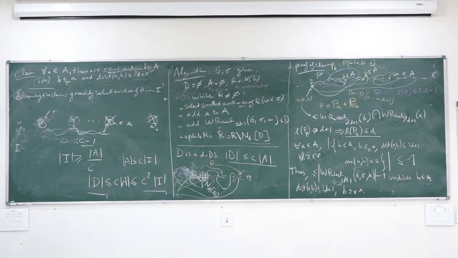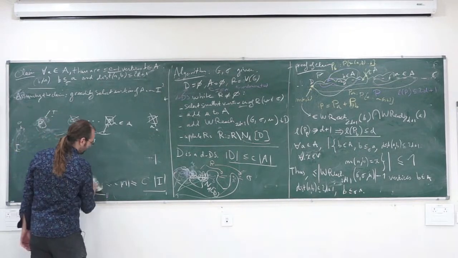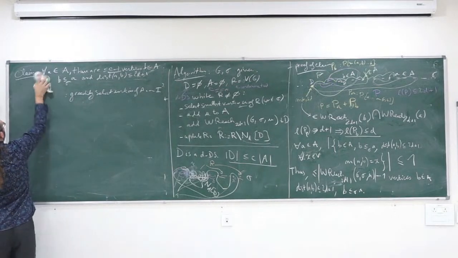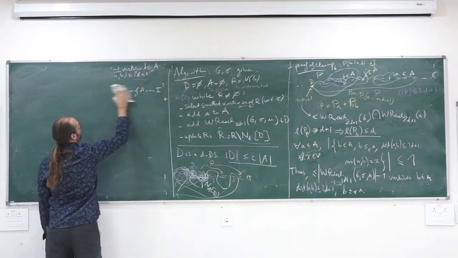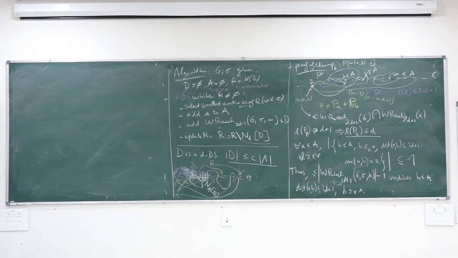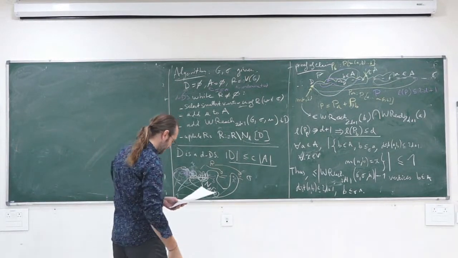Again, I'll just mention some things very vaguely, just to tell you that these things exist. If you want to dig more and you're interested in the topic, you can read about these things. One thing which I've seen used is the notion of sparse neighborhood covers.